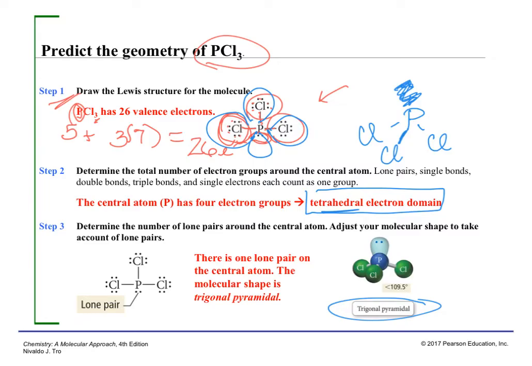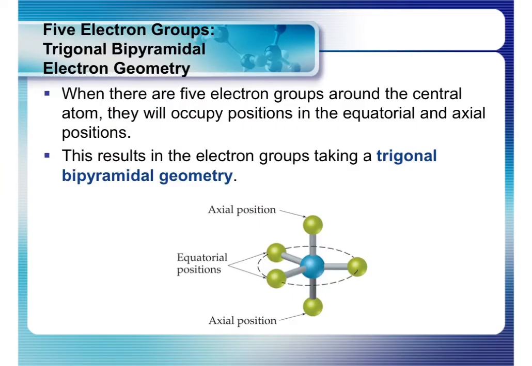Now this one is kind of tricky, and I wish I was there in person to show you a 3-dimensional model. If you have trouble understanding what I'm saying, you might want to Google 3D representation of trigonal bipyramidal shape. If you have 5 electron domains around a central atom, we call that trigonal bipyramidal.